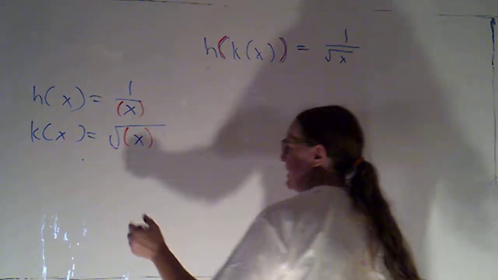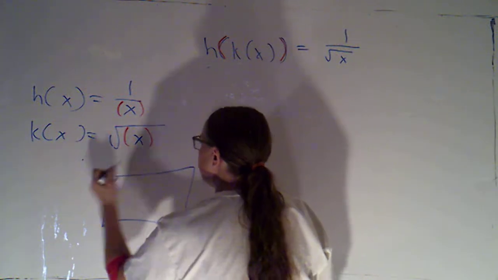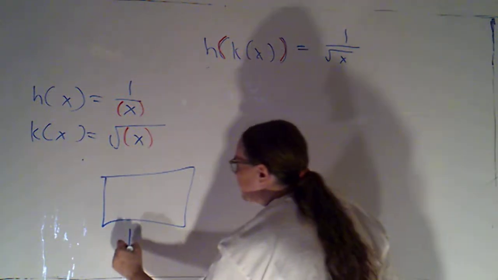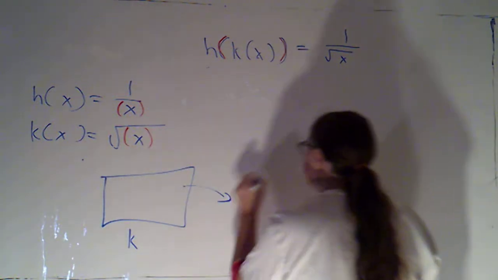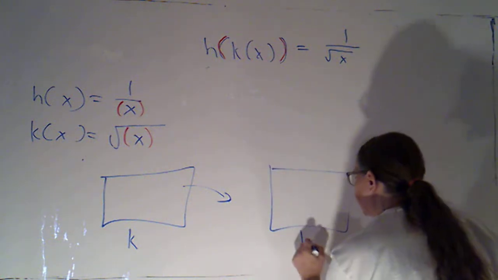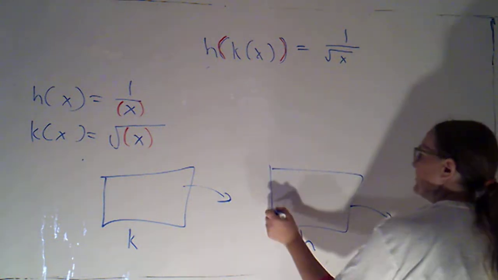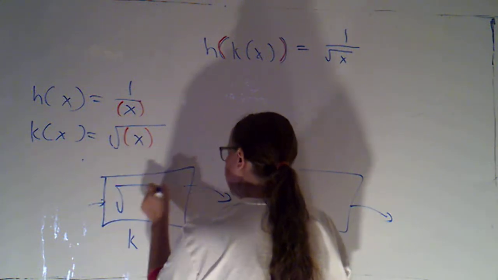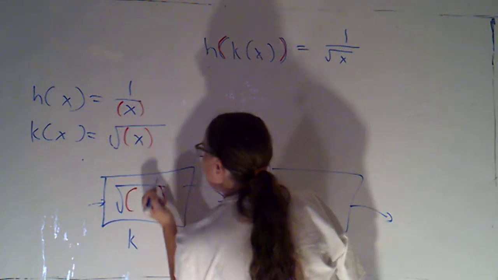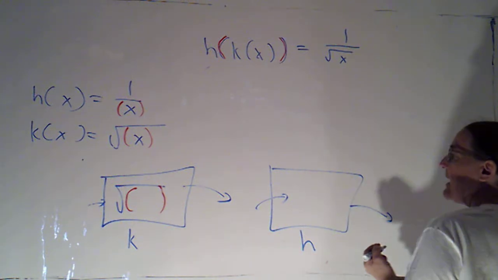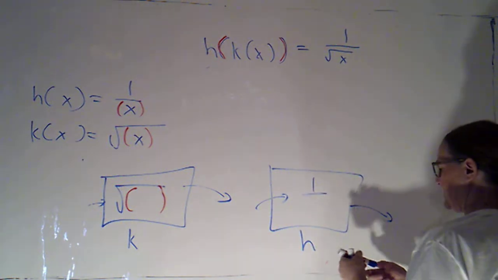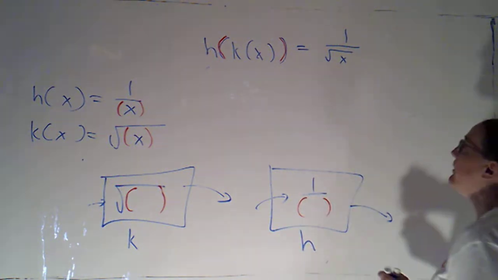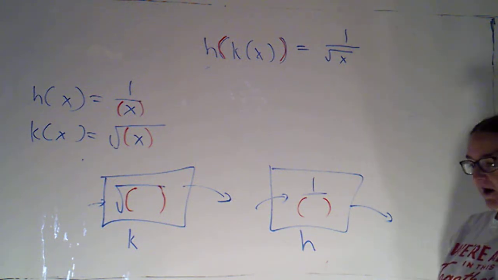Now, if we think about it, this was our assembly line. We were going to plug into k, and then we were going to plug into h. k told me to take the square root of my input, and then h told me to take the reciprocal of whatever my input was.